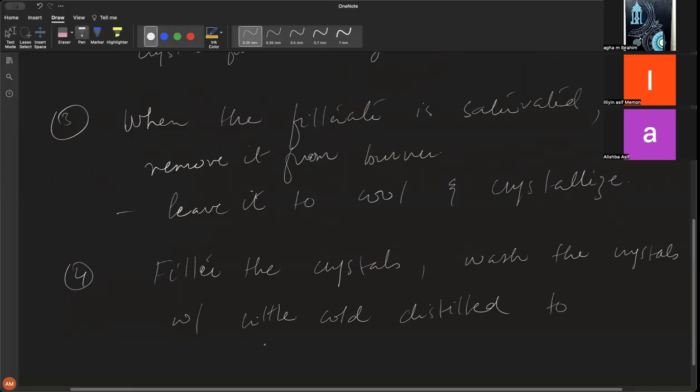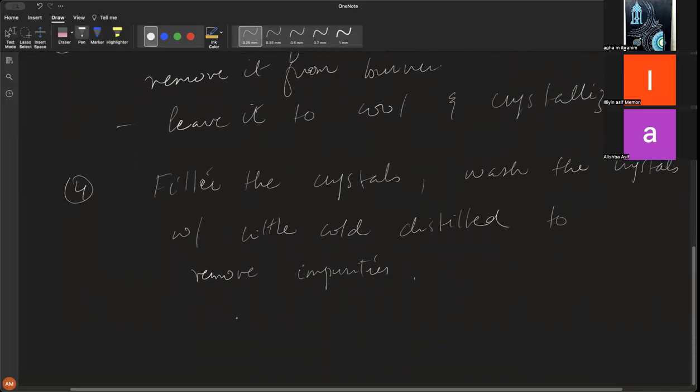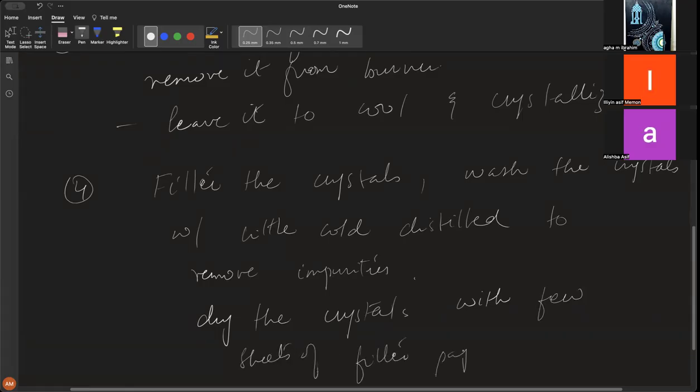Water to remove impurities. Dry the crystals with a few sheets of filter paper. And there you go, you have the crystals.